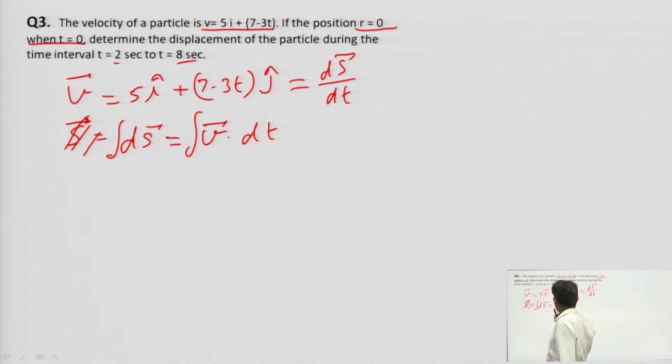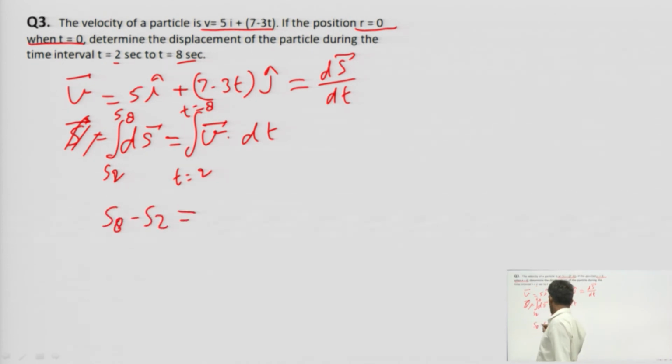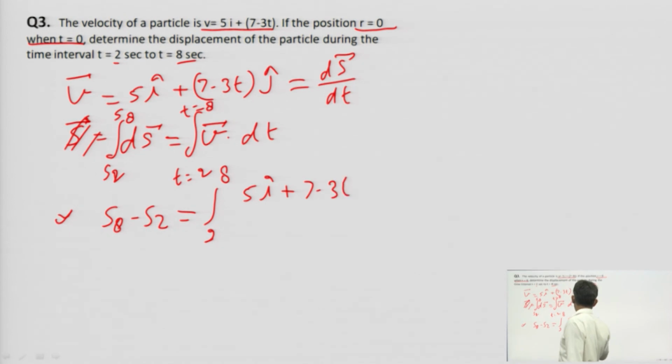If we integrate from t is equal to 2 to t is equal to 8, it is S8 minus S2, which is the integral from 2 to 8 of V, that is 5 i cap plus (7 minus 3t) j cap, dt.